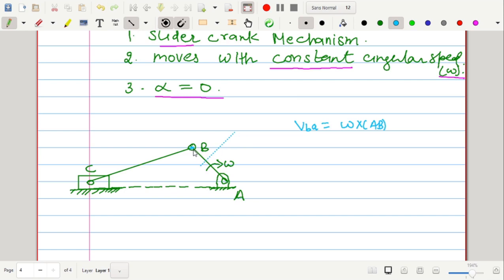We can also draw the velocity of point B with respect to point C with this direction, which is perpendicular to the link CB. And the velocity of the slider can also be drawn with respect to the fixed link in this particular direction.